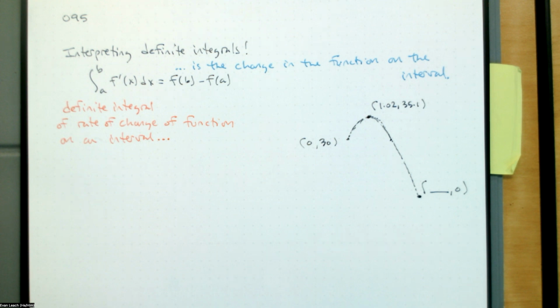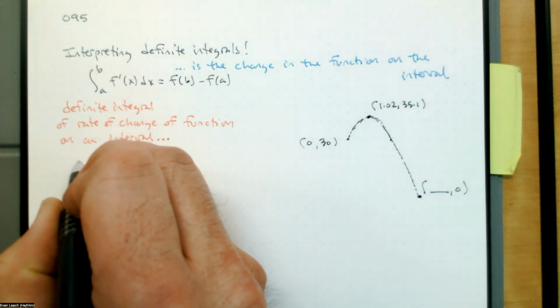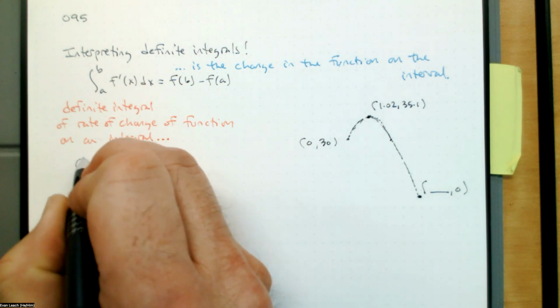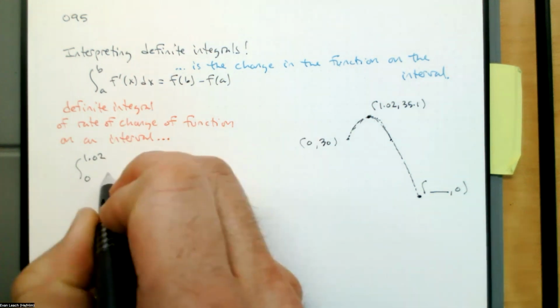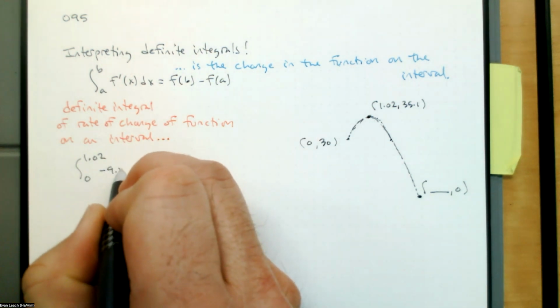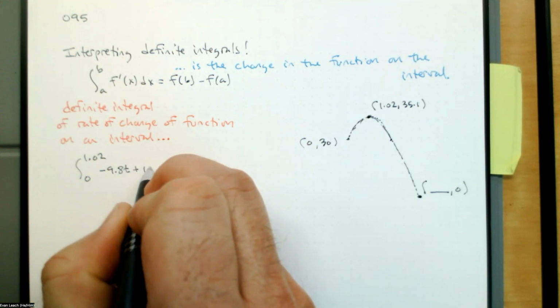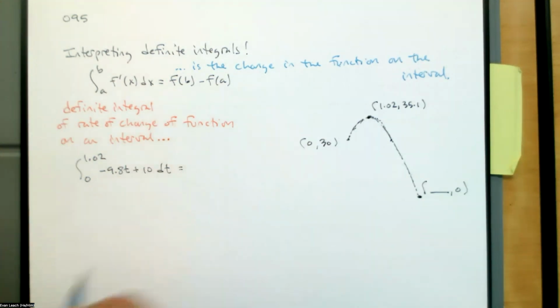So when we integrate the velocity, we find the change in height. If we take this example that we're working with, negative 9.8t plus 10 is our first derivative.